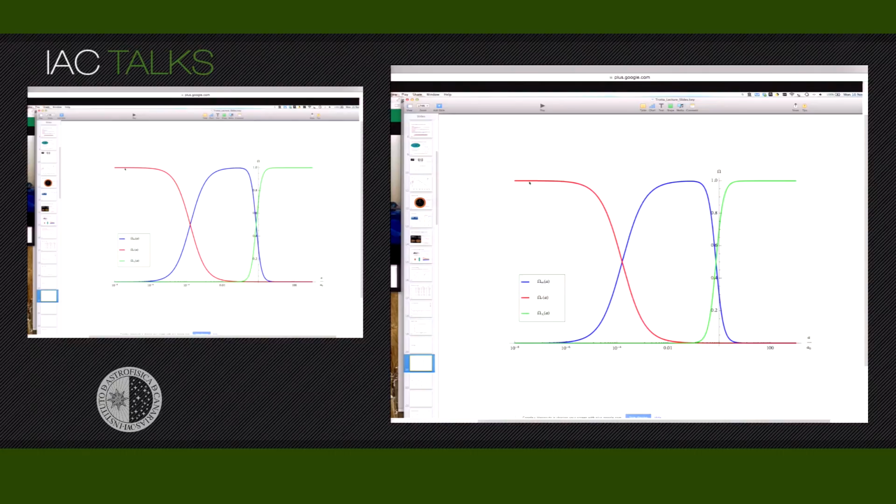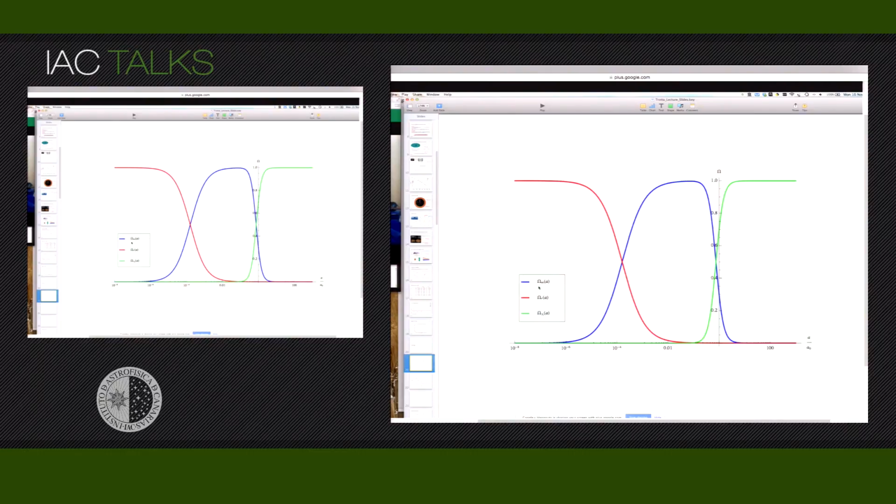And so the radiation density drops as a to the minus 4, and so omega radiation, which is the ratio of radiation to the critical density, drops through the floor. At the same time, the matter density decreases only as a to the minus 3, and so omega matter takes over at a certain point in the history of the universe. When the radiation redshifts away, matter takes over.